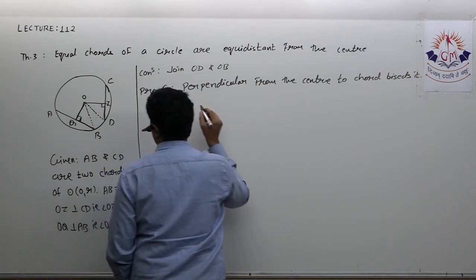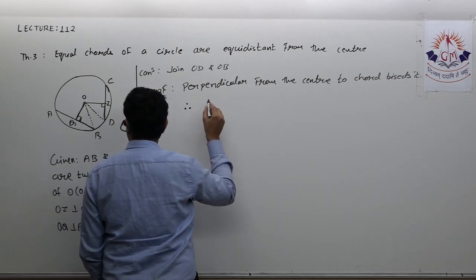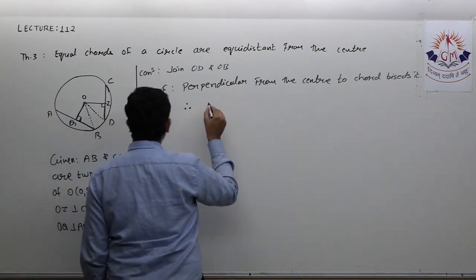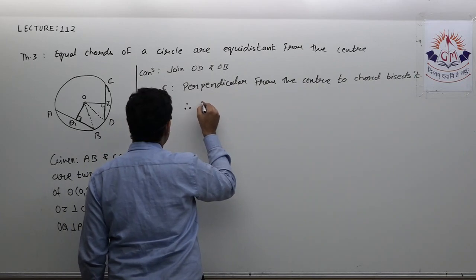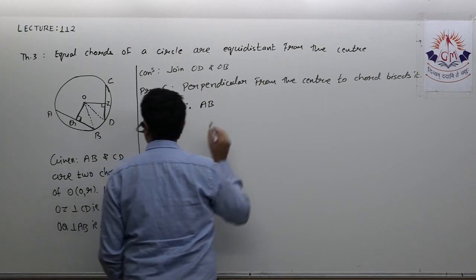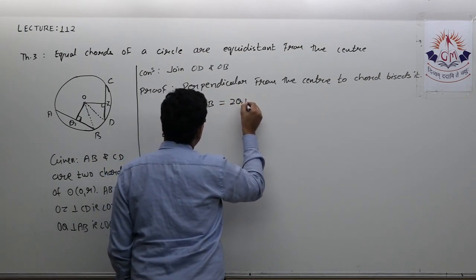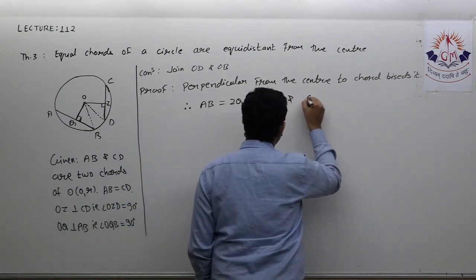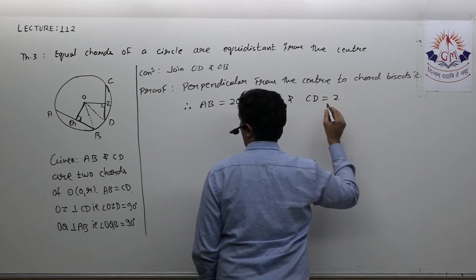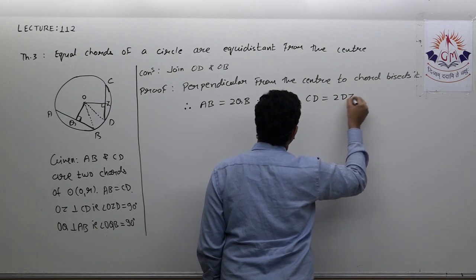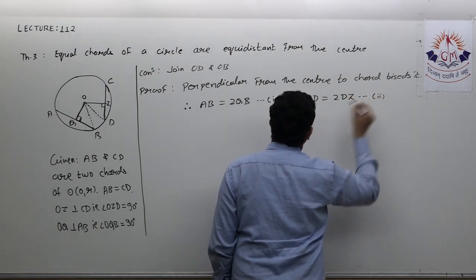Therefore AB is equal to twice QB, and CD is equal to twice DZ.